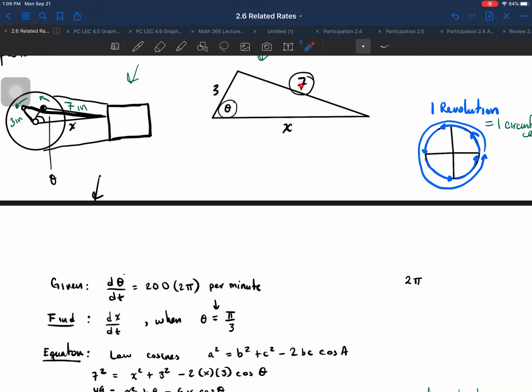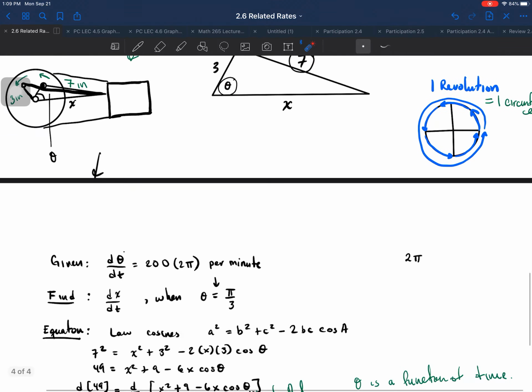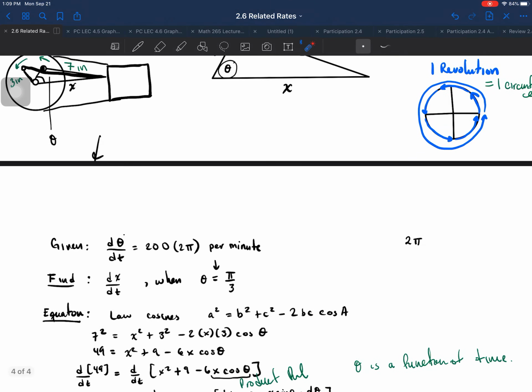Now remember, if you already know an angle and the sides, you want to use this in the right order. If you have the angle, which is theta, and you have the opposite side, then that's going to be your a squared, and then b squared and c squared are the other sides, and then you have negative 2 times the two sides.